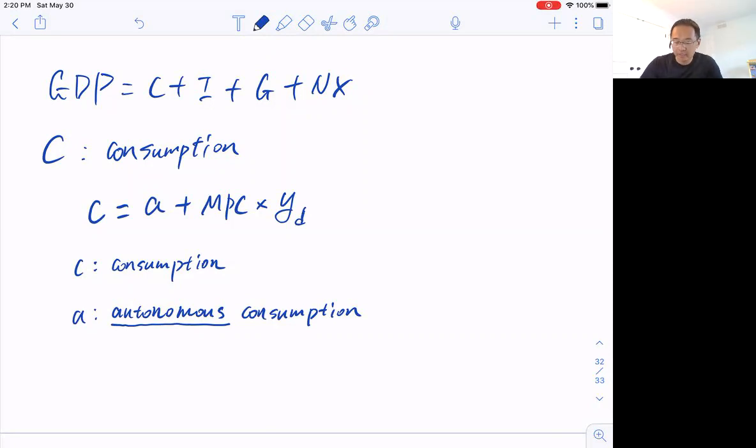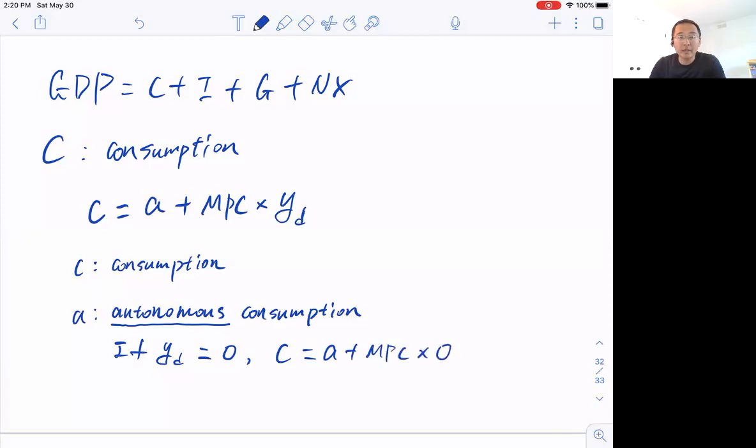Now, I know that saying autonomous consumption, or consumption independent of income, still doesn't make sense. So let's look at what we mean here. If your disposable income is zero, if you don't make any money, then your consumption function becomes C equals A plus MPC times 0.